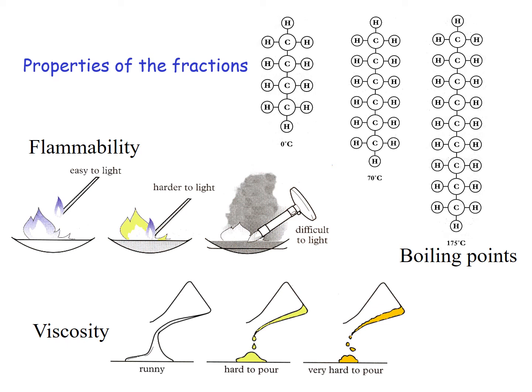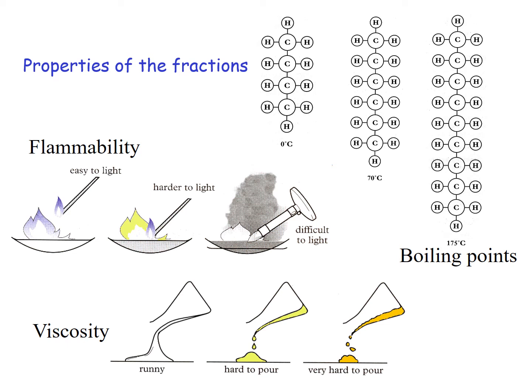So viscosity is all to do with how runny it is or how thick it is. If we're looking at the trends, we can say that the longer the carbon chain, the higher the viscosity, or the shorter the carbon chain, the lower the viscosity.